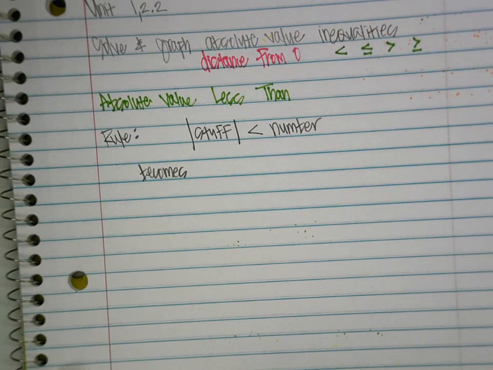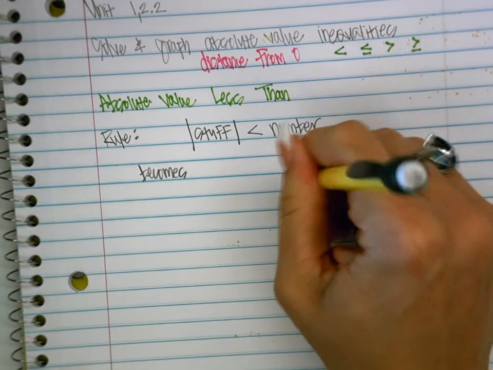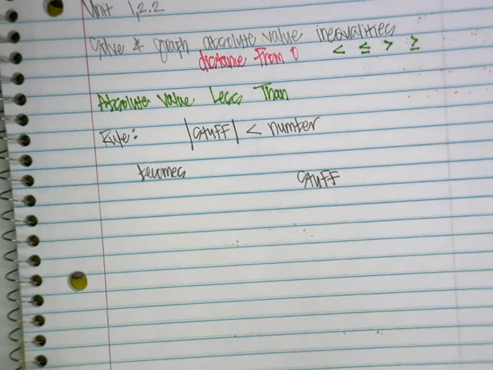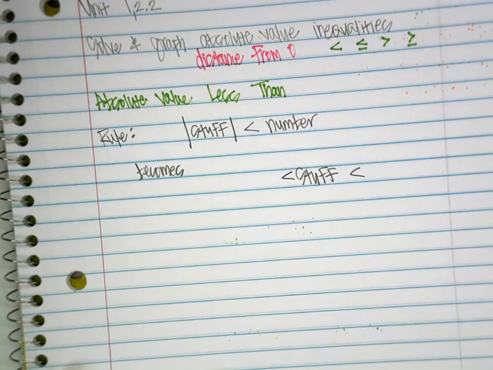The reason I call this a sandwich equation is the stuff that is inside, you are going to sandwich between two less thans. So put a less than on the left, put a less than on the right.